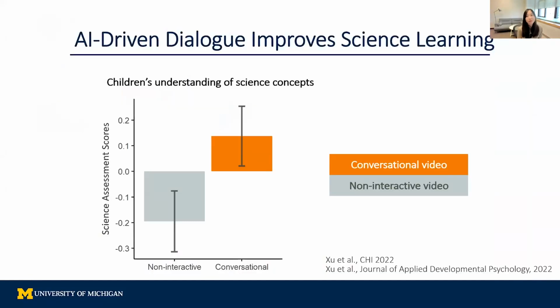We've done several studies to understand whether and how these conversational videos can be effective learning tools for children. The findings are pretty consistent across all our studies. As you can see in this graph from one of the studies, when children have the opportunity to interact with the AI-driven conversational character, their science learning scores improved compared to children who simply watched a regular non-interactive video.